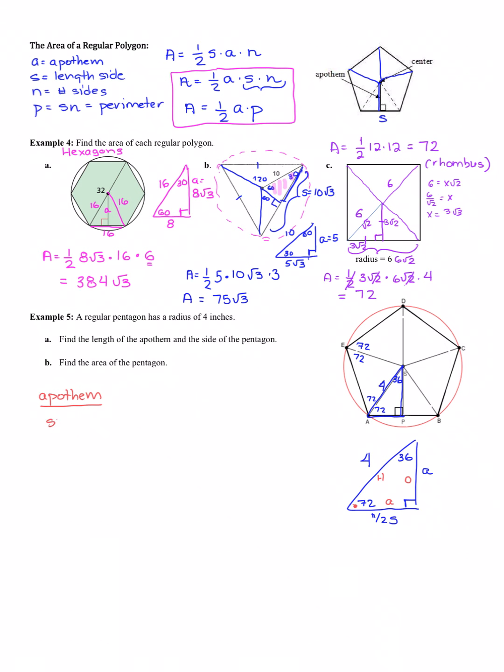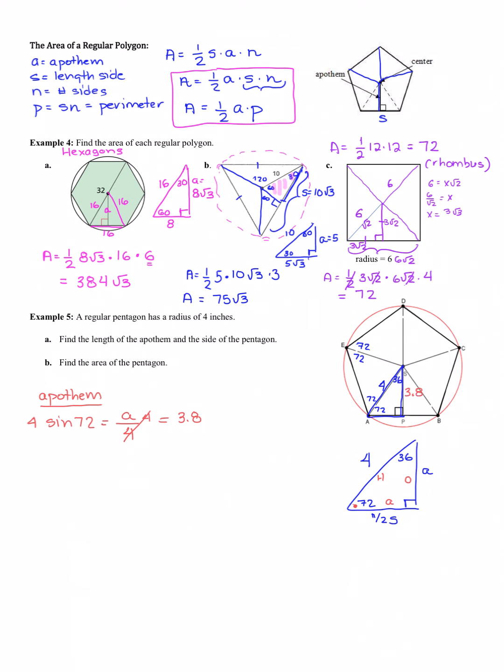So the sine of 72 degrees is the apothem over the hypotenuse, and then we can multiply both sides by 4. And we go to our handy dandy calculator. 4 sine 72 is about 3.8. So that will be my apothem, 3.8.